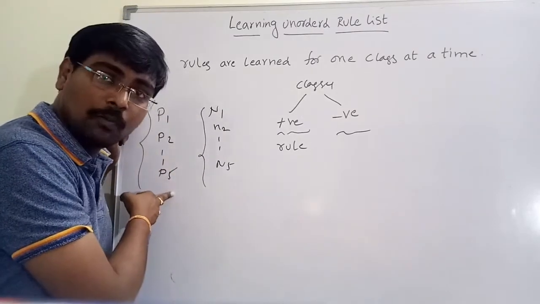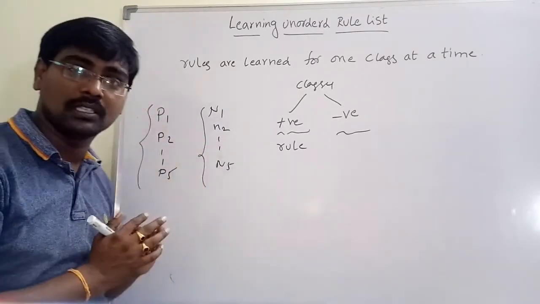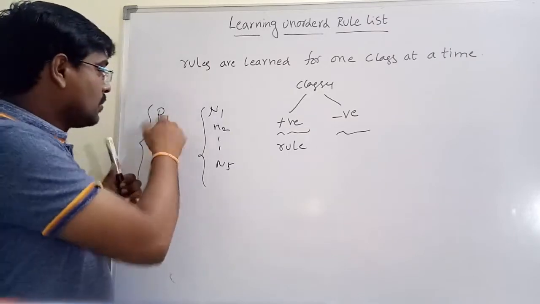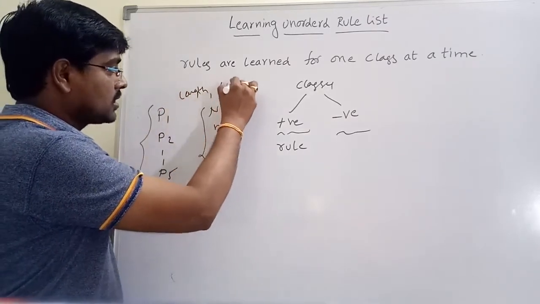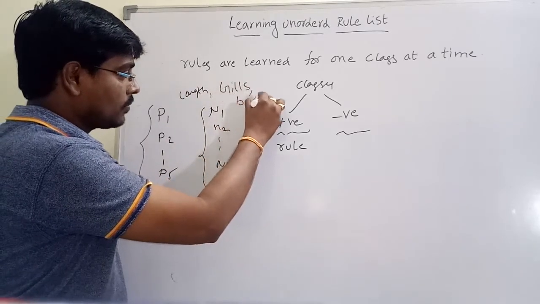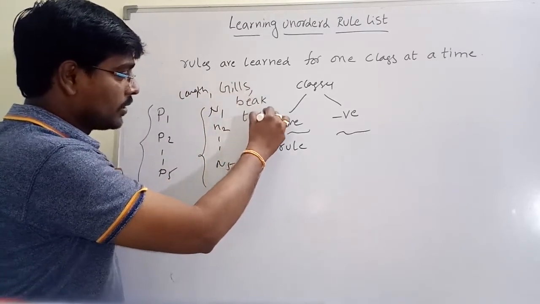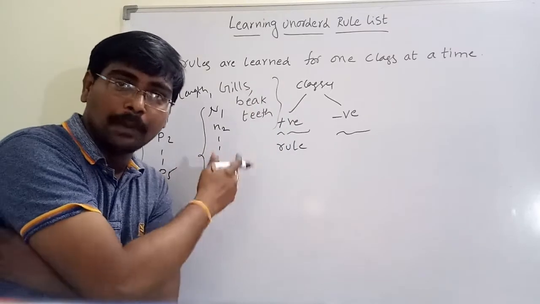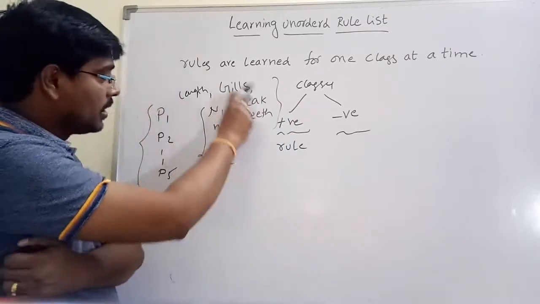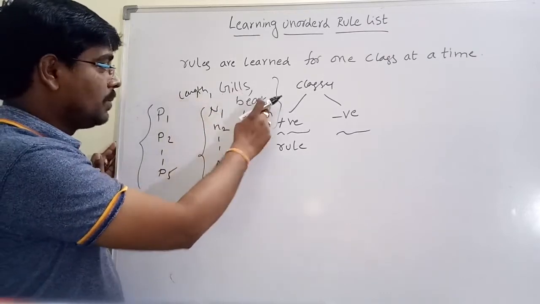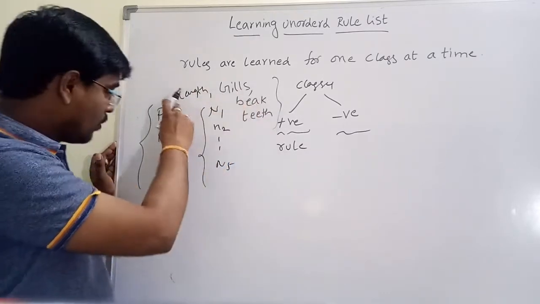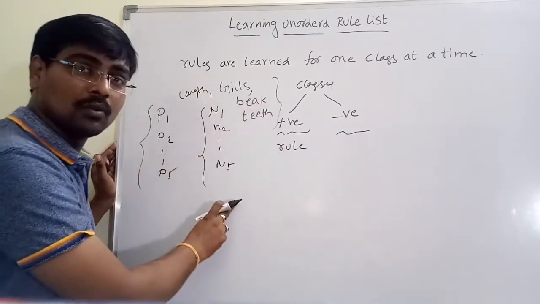Suppose the features are length, gills, beak, teeth. If you have any doubt, move to the previous session, where I explained the example in detail. So length, gills, beak, teeth are the 4 features with 5 positives and 5 negatives.